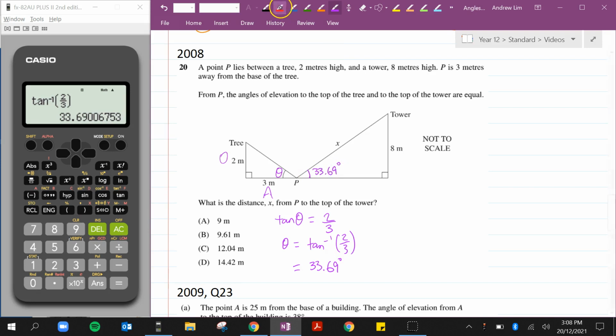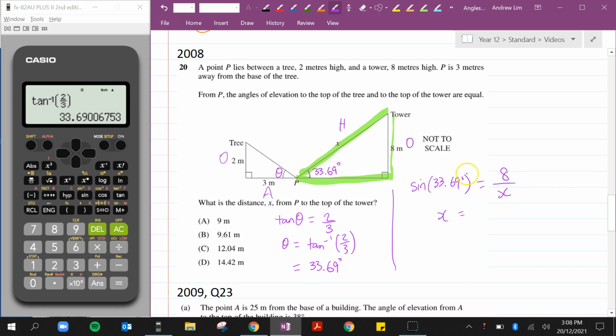Now let's look at this big triangle here and work out the value of x. Let's label the sides. Opposite of that angle is 8 and the x is the hypotenuse. So we're going to be using sine here. Sine of the angle is equal to opposite over hypotenuse.